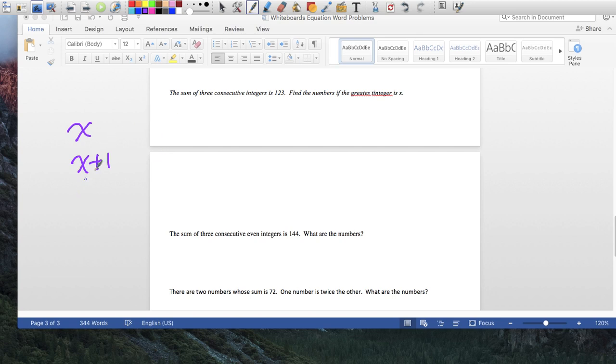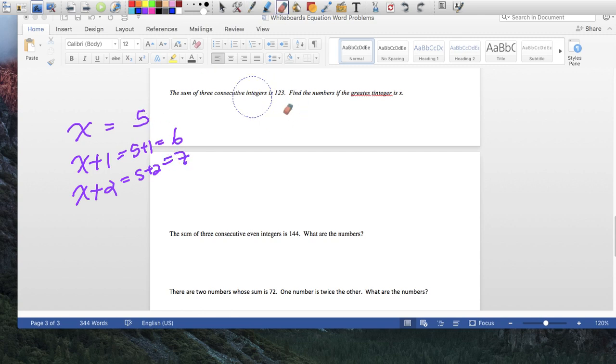And then the number right after that would be x plus 2. So let me take an example. Let's pretend that x equals 5. So this would be 5, this would be 5 plus 1, which is 6, and this would be 5 plus 2, which would be 7. So the 3 consecutive numbers would be 5, 6, and 7.